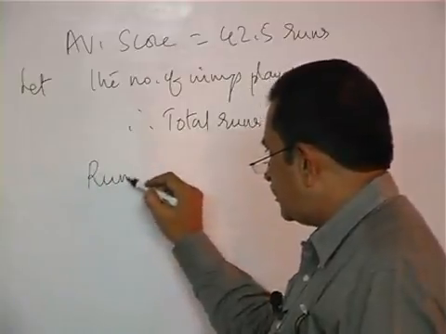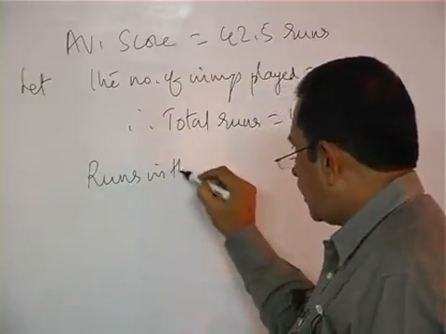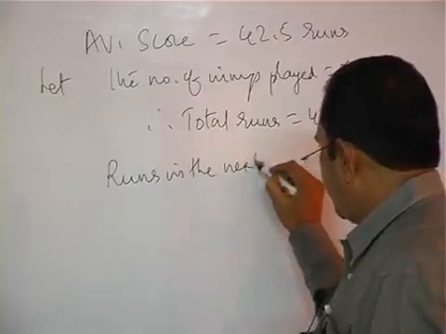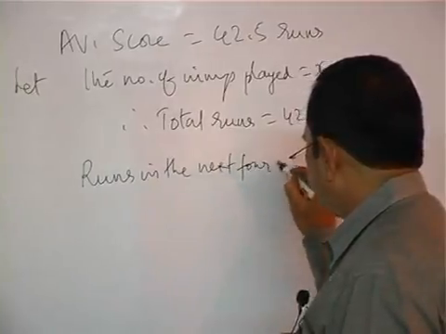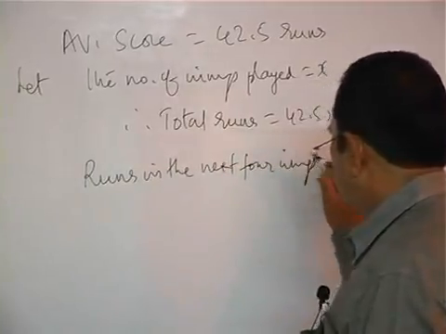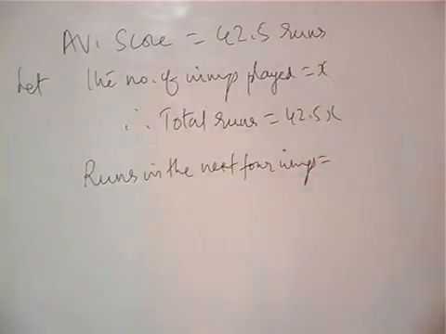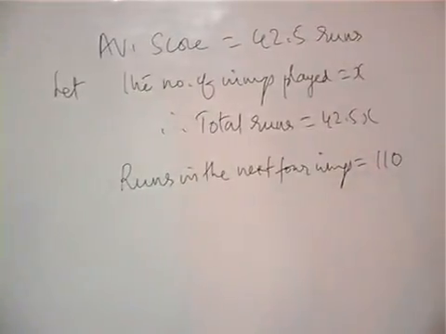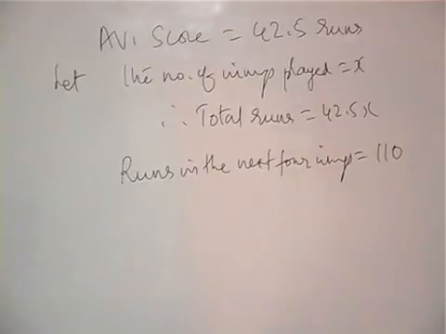Runs in the next 4 innings put together is how much? 110. Runs in the next 4 innings is equal to 110.